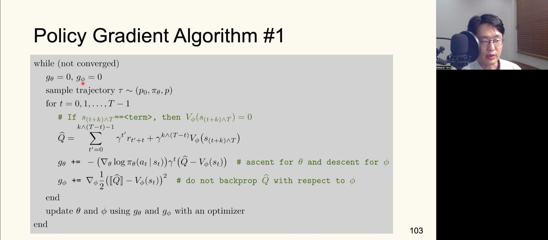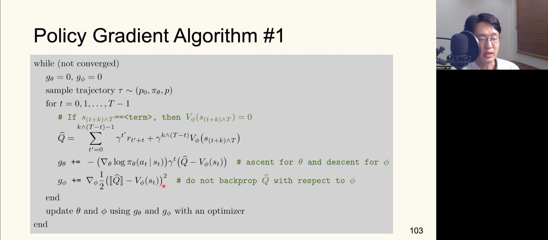We initially clear the gradient. We sample a trajectory, and then we form this Q hat estimate. This is our K-step TD estimate where we take K transitions and then plug our transition state into the V phi network. We form this stochastic gradient for the objective function J. And we also fit our V phi network in a policy evaluation manner to fit the target value Q hat.